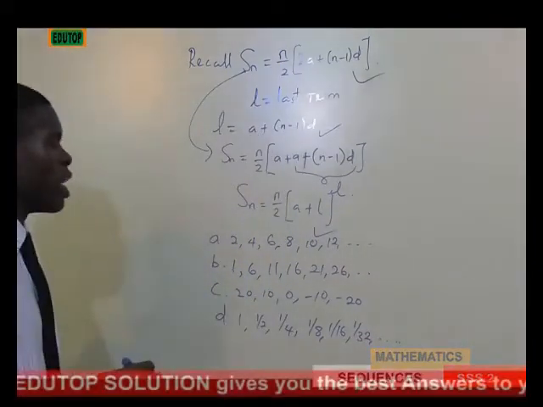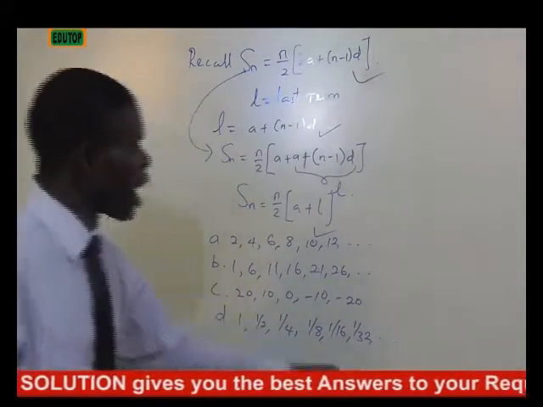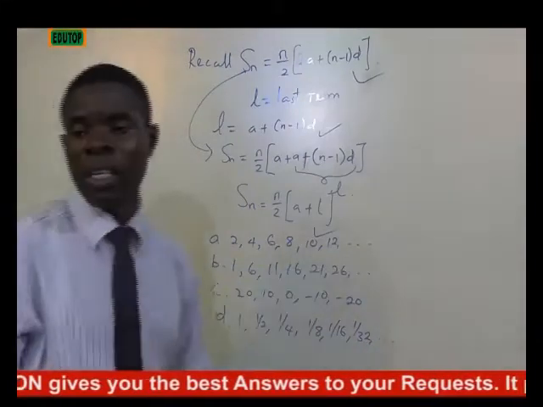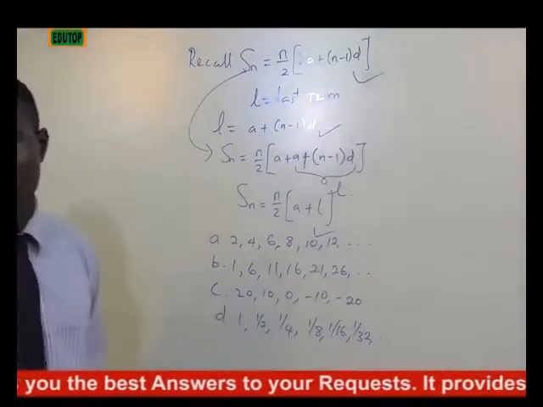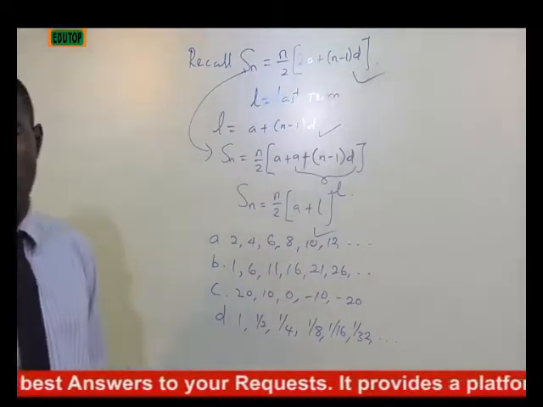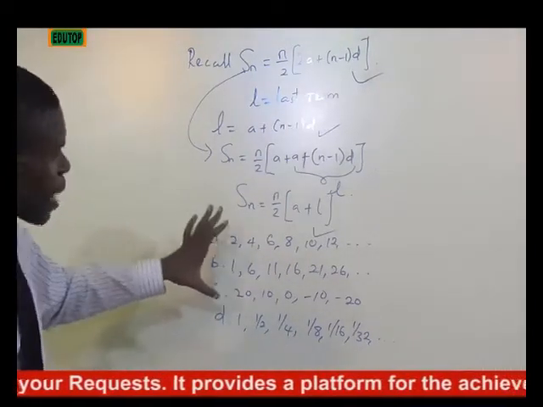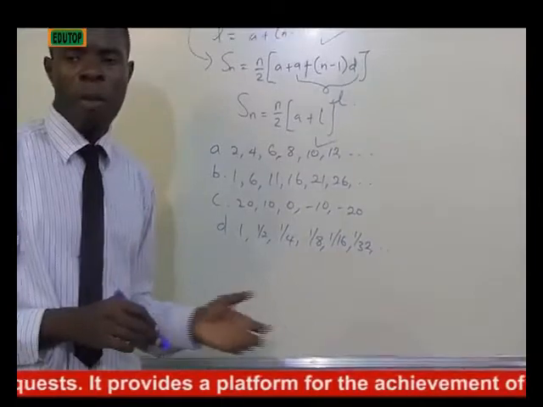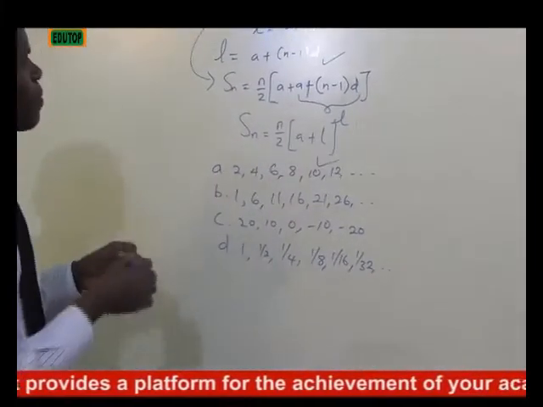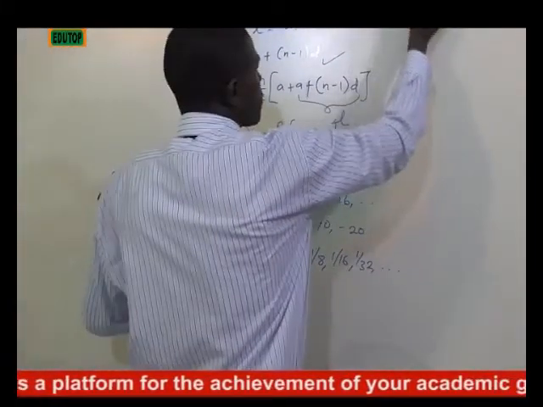Since we are dealing with AP and the question asks us to calculate the successive terms and also to give a rule, we study the pattern and give the formula for the nth term. Solution.